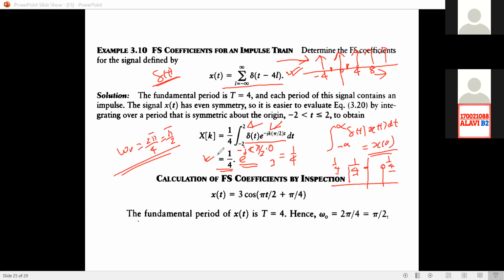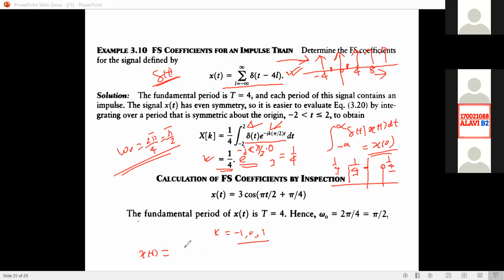So if it is real, then our Fourier terms will appear in this way. Say we are considering k equal to minus 1, 0 and 1 only. If you want to reconstruct the signal x(t), what is our reconstruction equation?